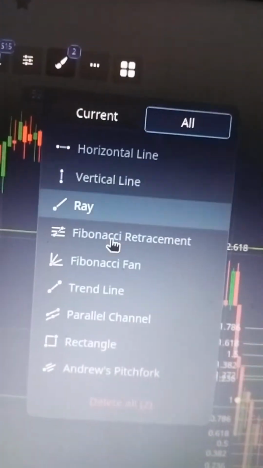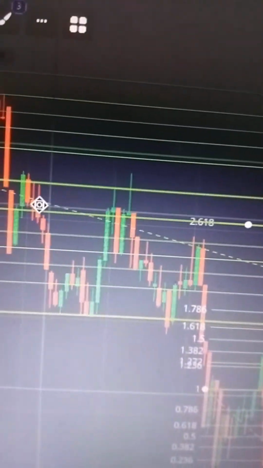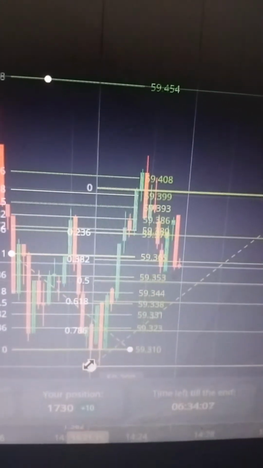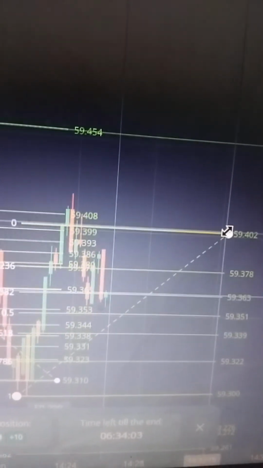So we use a Fibonacci here. A little bit messy, but this is what it is. I will be placing it from the lower swing, including the wicks, because I'm determining premium and discount.